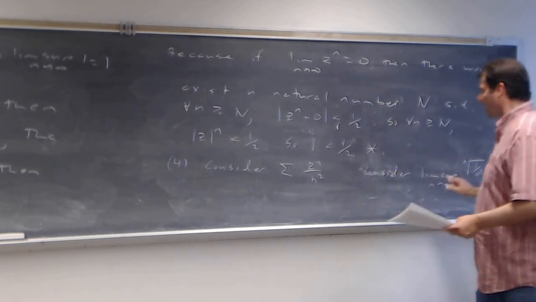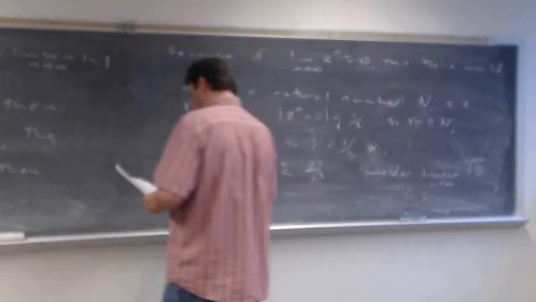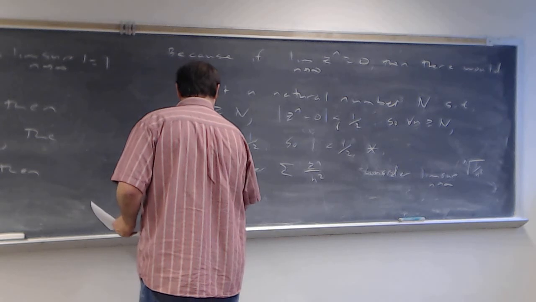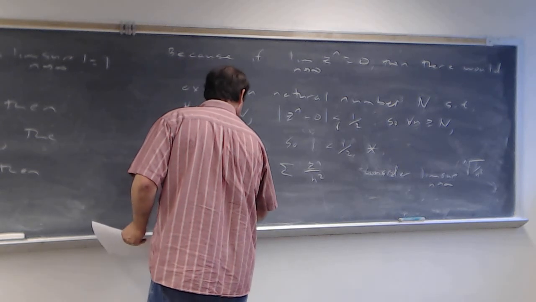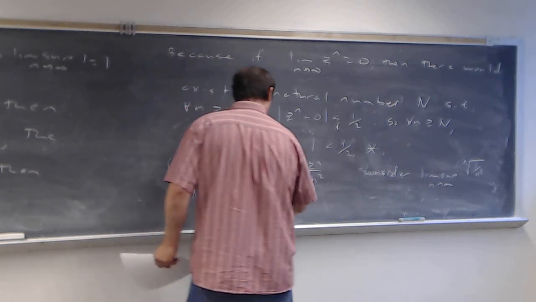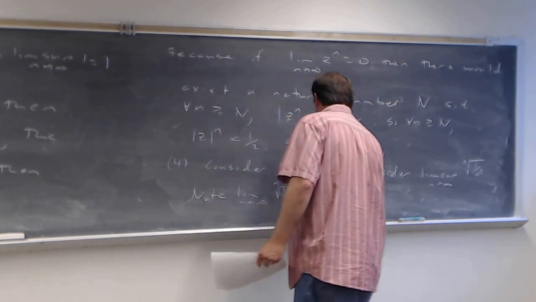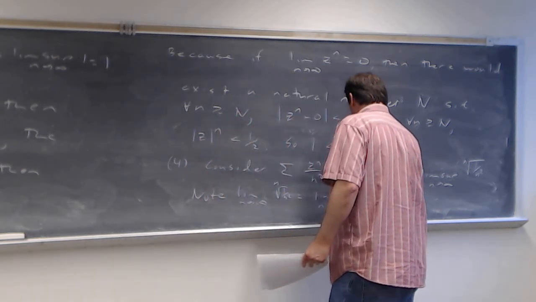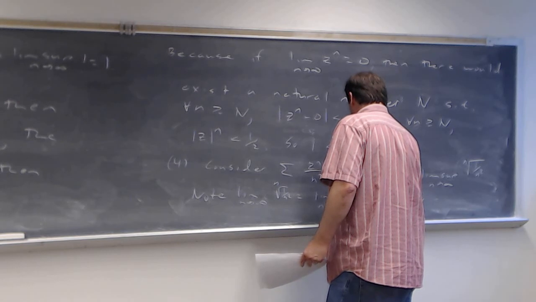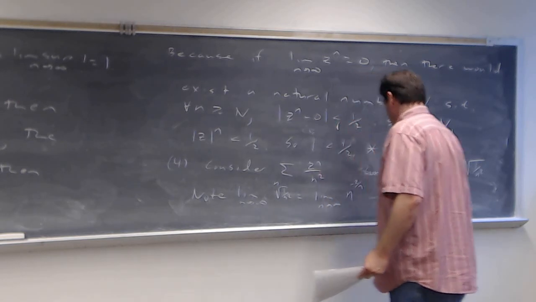So that's what we're going to look at. But the way I'm going to look at it is examining the limit as n goes to infinity of the nth root of 1 over n squared, which is the same thing as the limit as n goes to infinity of n raised to the minus 2 over n.